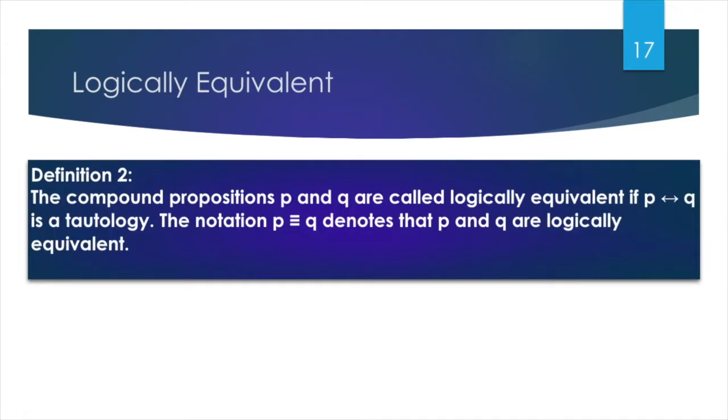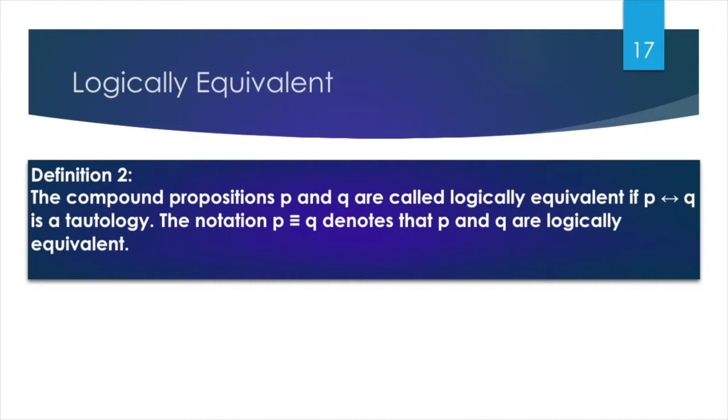Now this leads us to the second definition, what we mean by equivalent. The compound propositions P and Q are called logically equivalent if and only if P implies Q and Q implies P, and it is a tautology.